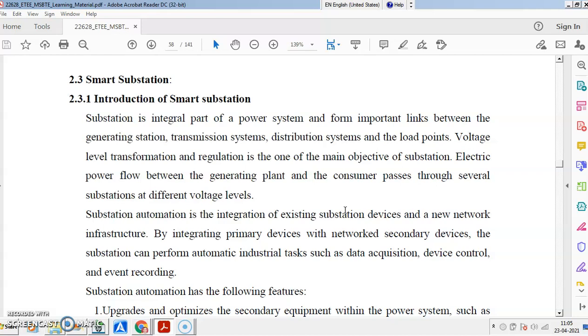So in a conventional substation we have an incoming circuit breaker, isolator, circuit breaker, bus bar, incoming bus. Then you have a circuit breaker, isolator, circuit breaker, transformer.